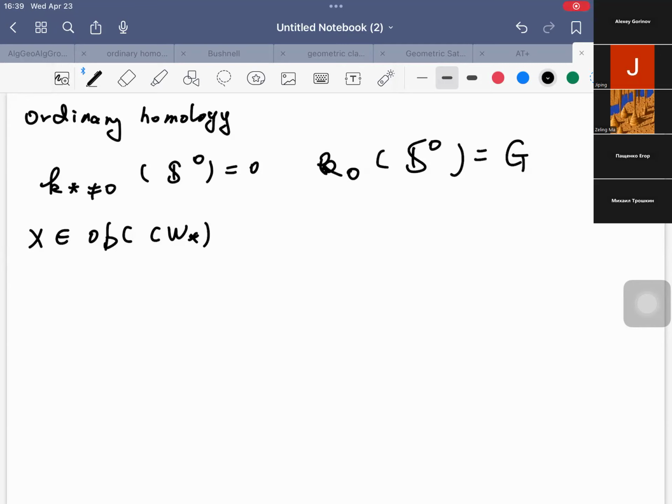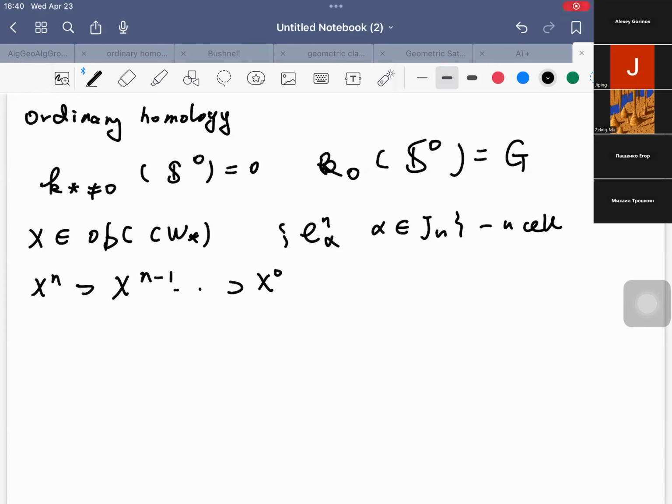For each n, we have the n-cell. We can write E_alpha, where alpha is an index set, for the n-cells, and we write X^n for the n-skeleton.